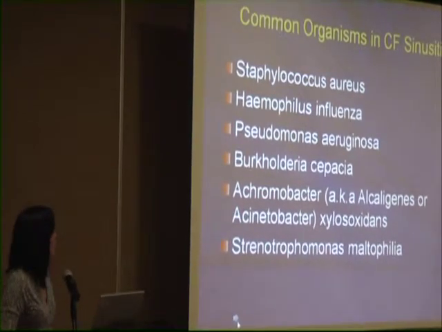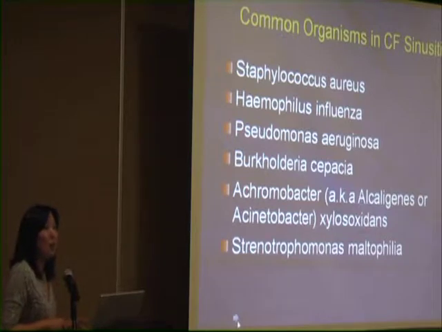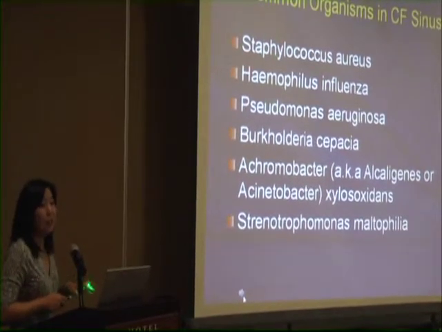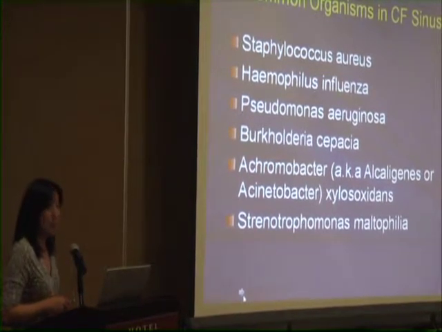Those other bacteria are not common among patients with chronic sinusitis, but they are common among patients with CF. And even among patients with CF, I would still say the top three are the most common ones.